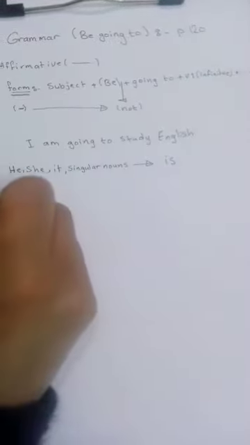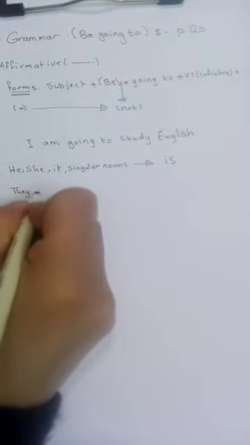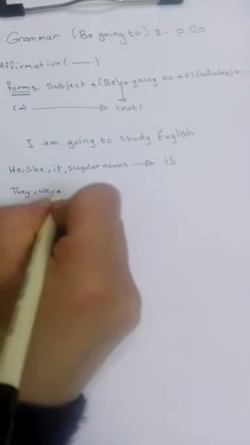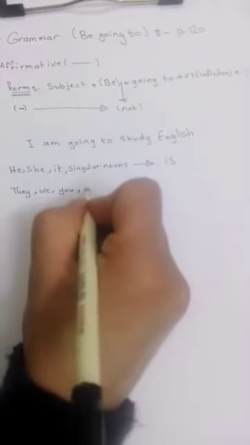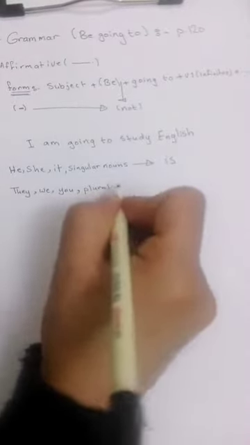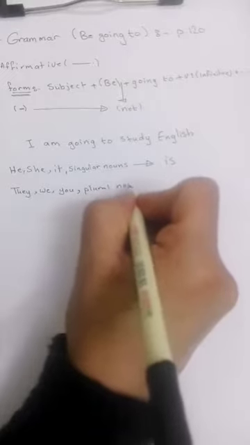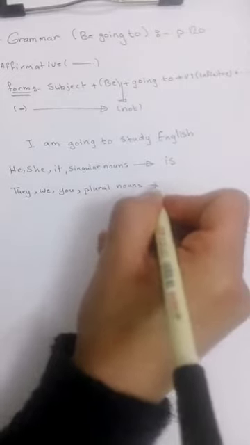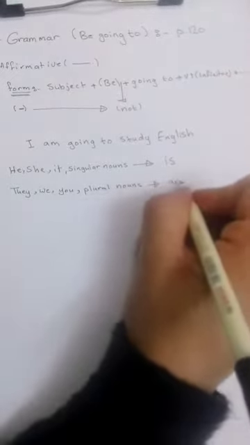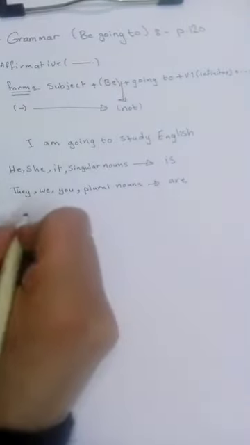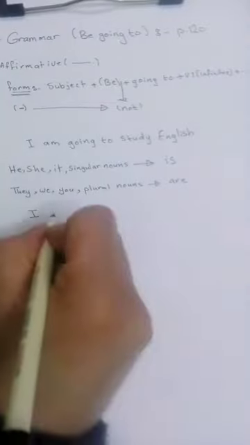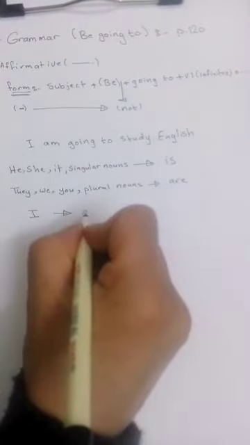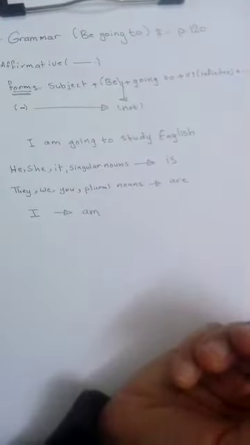And if we have they, we, you, and plural nouns, what do we use? We use are. And what do we use with the pronoun I? We use the verb to be am.